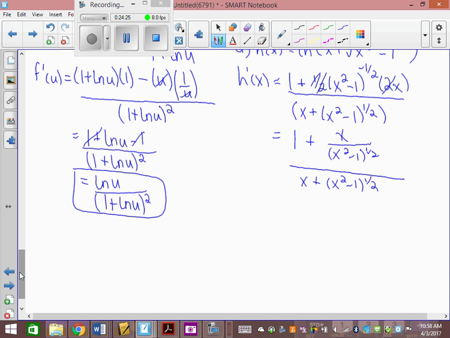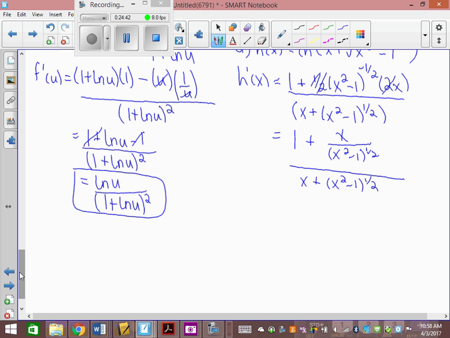So we're going to have to multiply the 1 by x squared minus 1 to the half because we need to get the entire numerator over the same denominator so I can divide by the bottom.